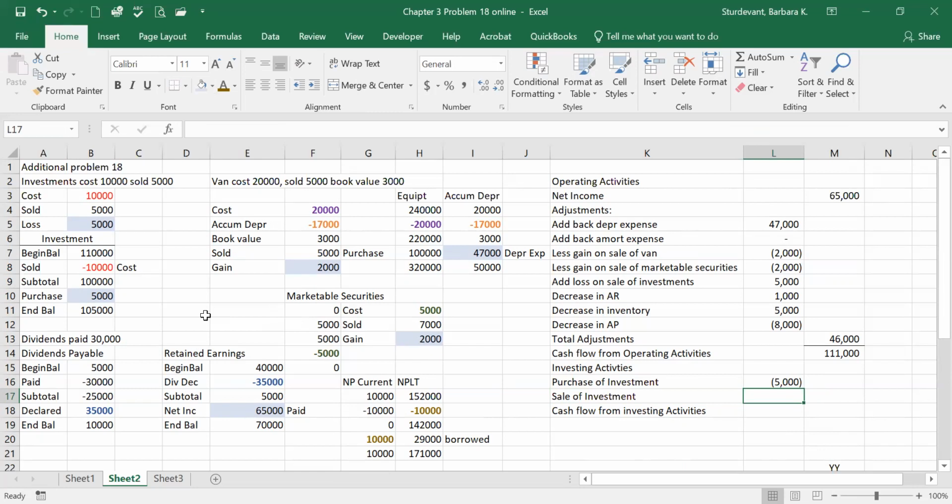You received $10,000. No, look up here. What did we receive? What did I sell it for? Oh, five. Math wrong. Sorry. Okay, do you see this? We sold it for $5,000. That's what we're gonna put here. That's our cash received.